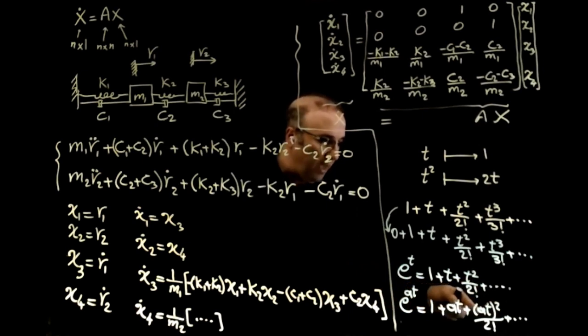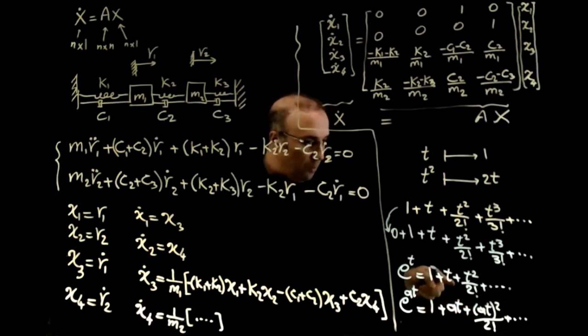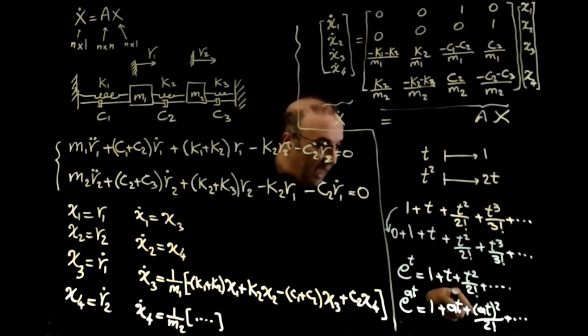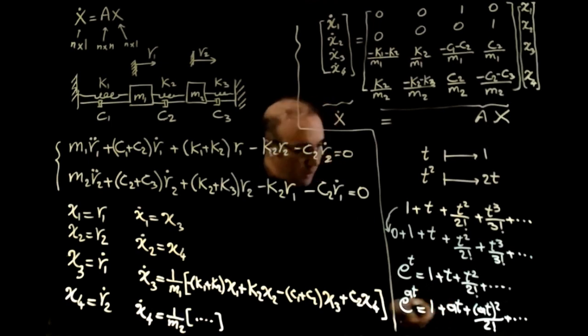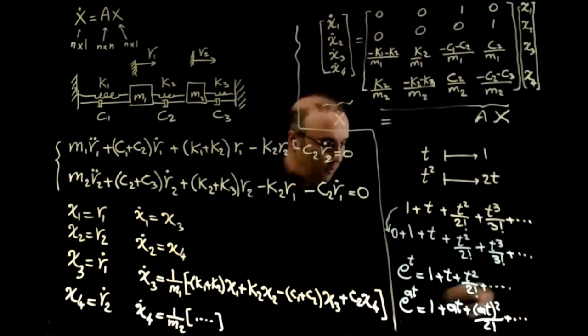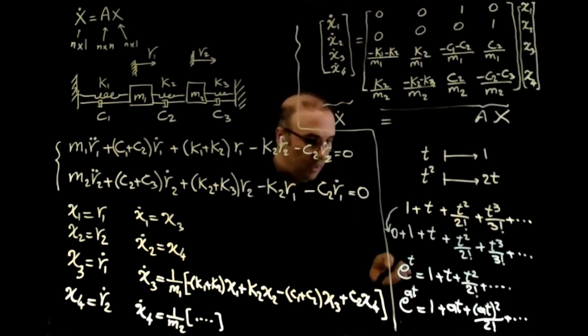If I do the derivative, one a is extra, because this is supposed to make the previous term. It would be a squared t squared. 1t would be out, this 2 factor, 1t would be gone, so it would be a squared t over 1 factorial. So it would be this term with 1a extra. So we can factor out a in all terms, and we get a e to the power of at. So the derivative of e to the power of at is a e to the power of at.